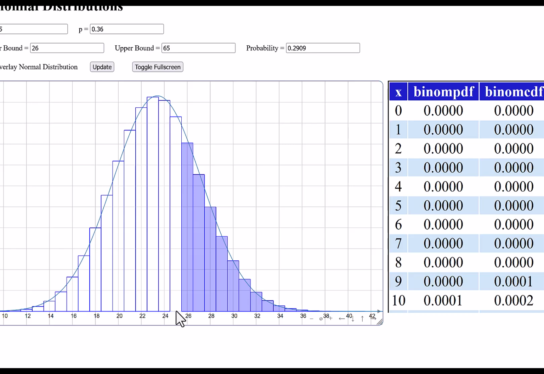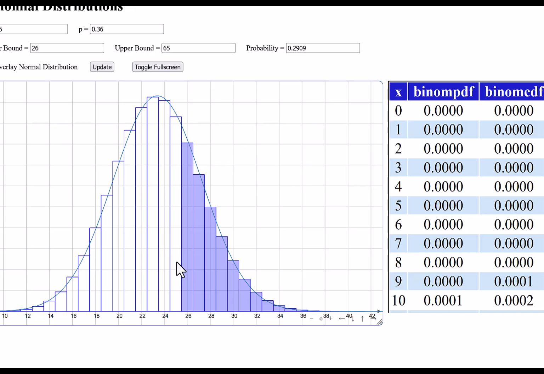You don't see a 25 because it's only labeling every other value for this many values along the x-axis, but this is the 25th bar. 25 is directly in the center of this bar, so if you just imagine a straight line right through here, then if I calculate the probability that x is greater than 25 for the normal distribution, it's going to start right here and calculate the area going this way. If you'll notice, there's a gap between 25 and 25.5.